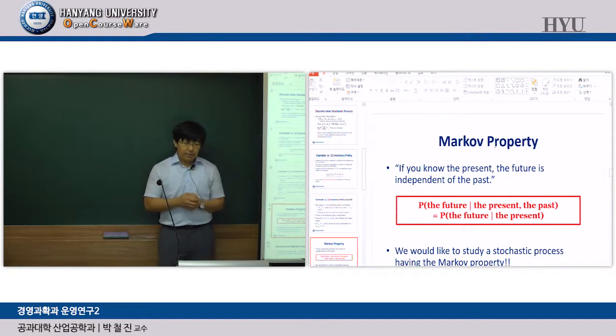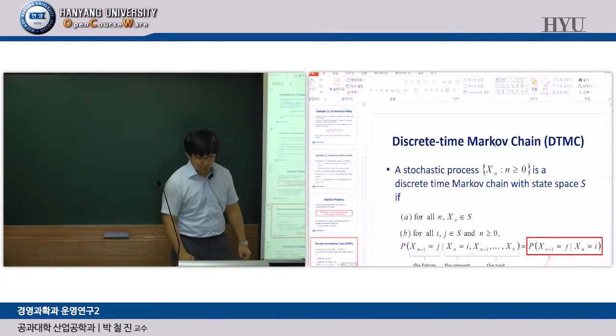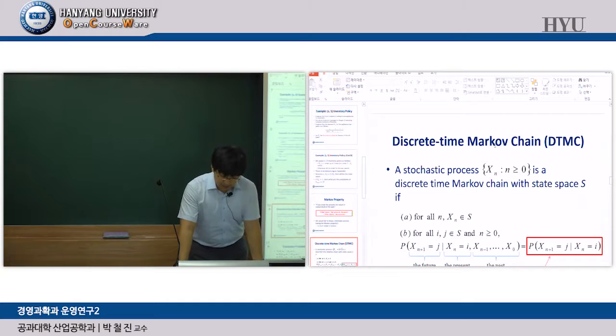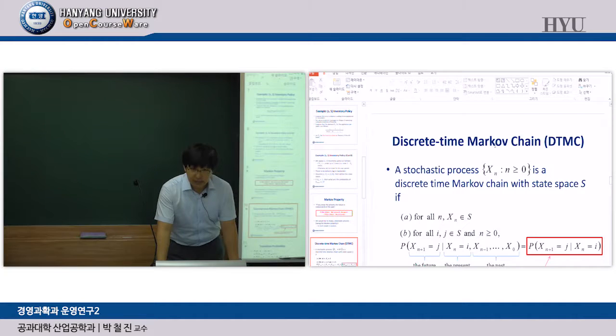A very important property is the Markov property. Before we talk about it, let's define a discrete time Markov chain first. As I said before, a discrete time Markov chain is a stochastic process defined on discretized time, and the state space includes discretized values or countable numbers.